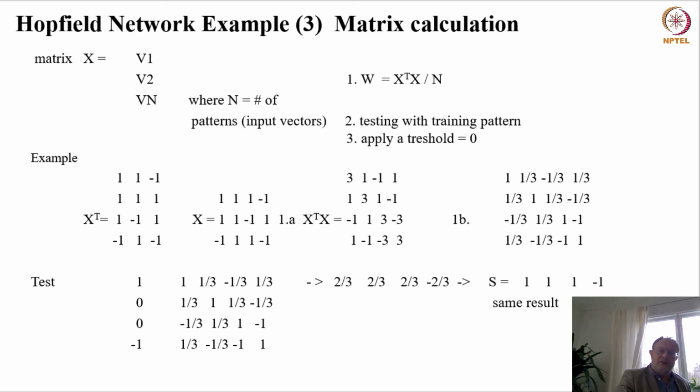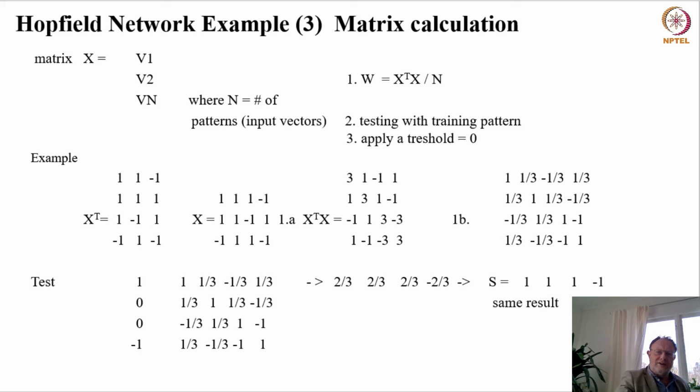If we repeat the same calculation for the same example using the matrix notation we originally introduced, you can see that if we form a matrix with the 3 input vectors we consider as rows, and we transpose that matrix, then we actually get our weight matrix by multiplying the transpose matrix by the matrix and dividing by n.